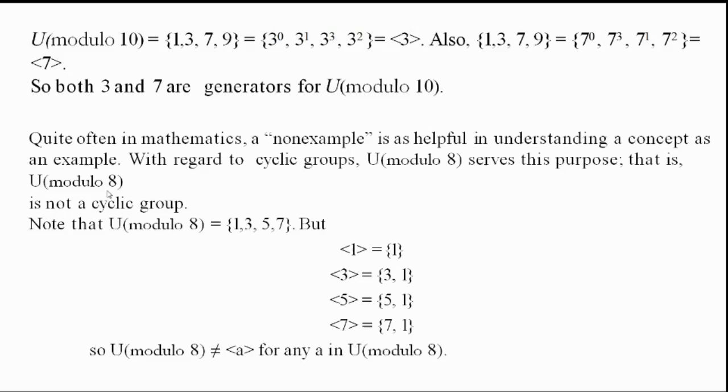So in this, you can also find 7 and 3 are the generators of the same set. 7 power 0, 7 power 3, 7 power 1, 7 power 2, like that, if you do it, the same set that you get for the modulo 10, that what you have found here, you will also get here.